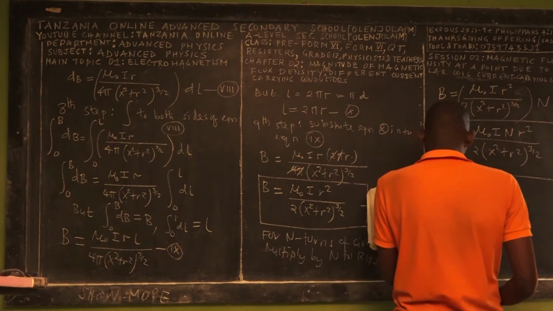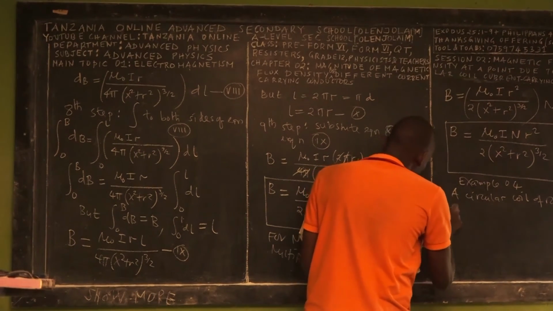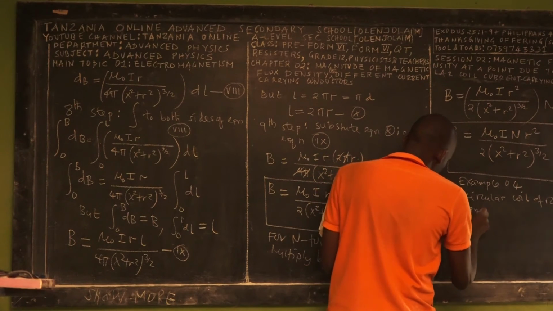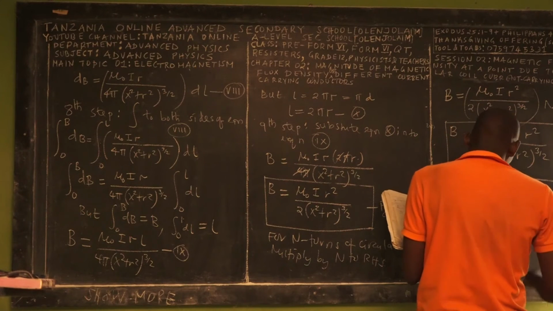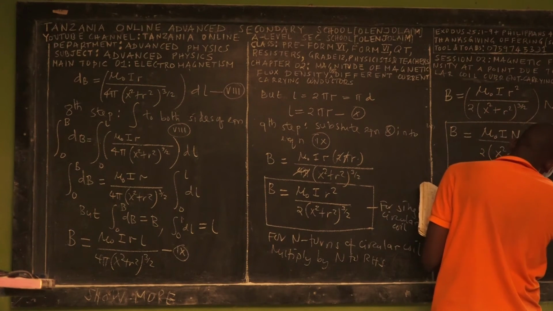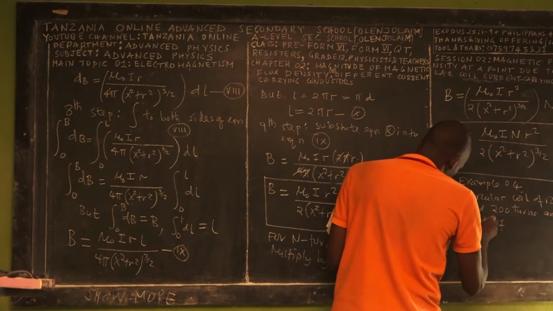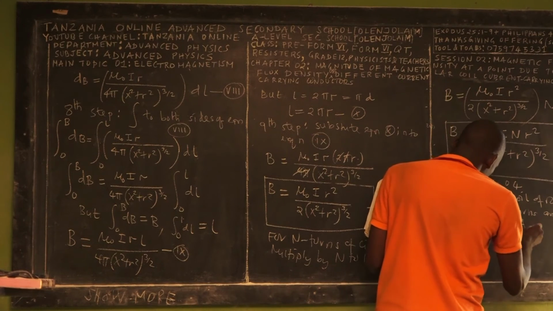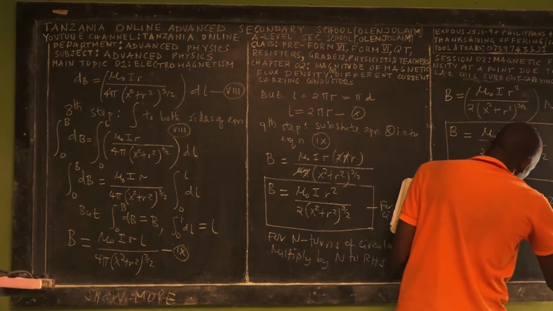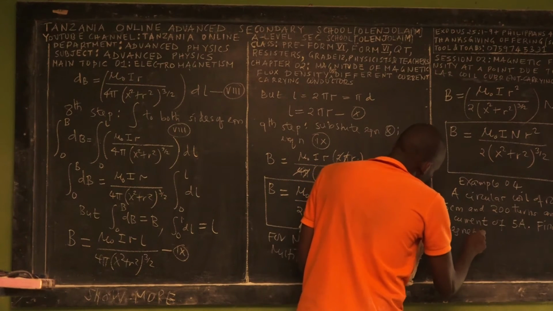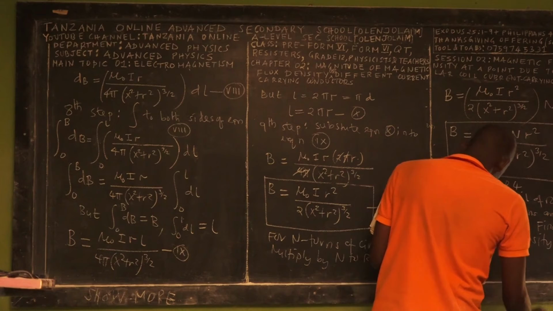A circular coil of radius 5 centimeter and 200 turns carries a current of 5 ampere. Find the magnetic flux density.